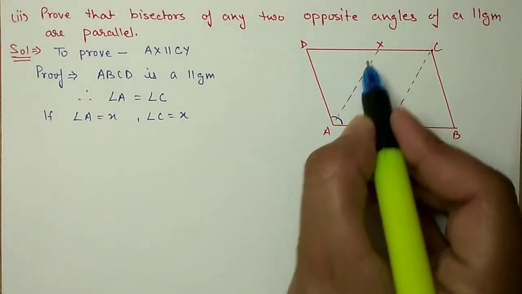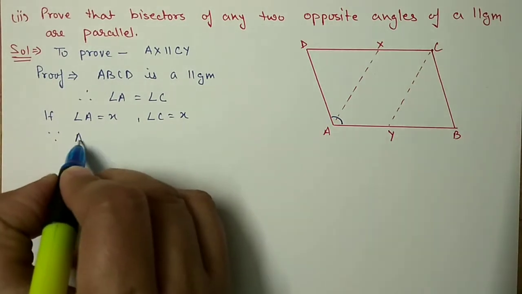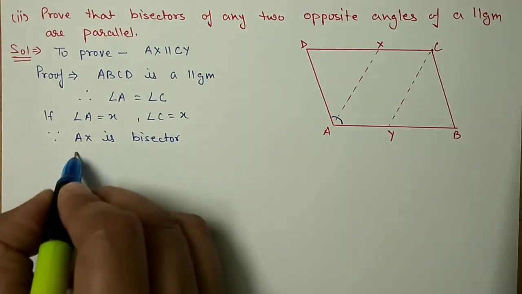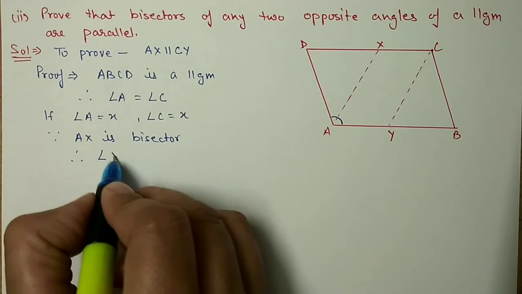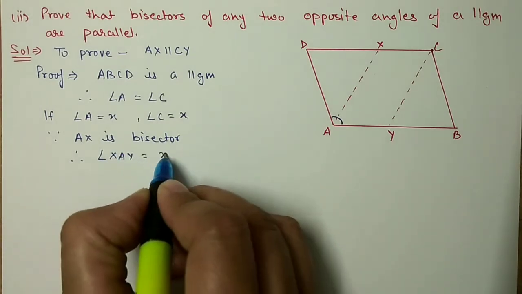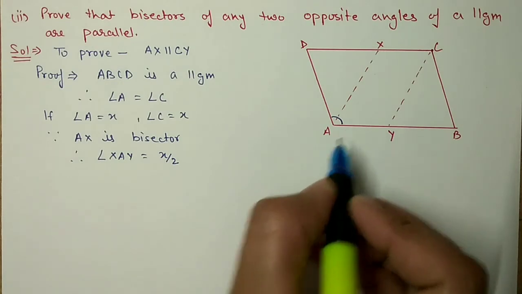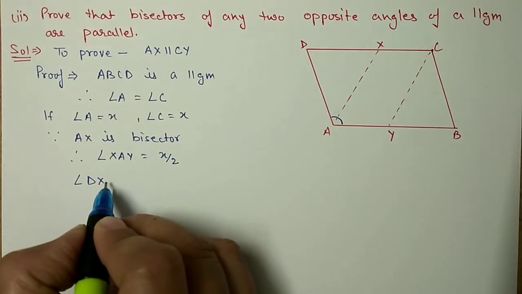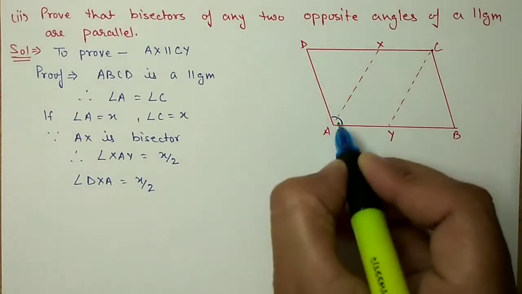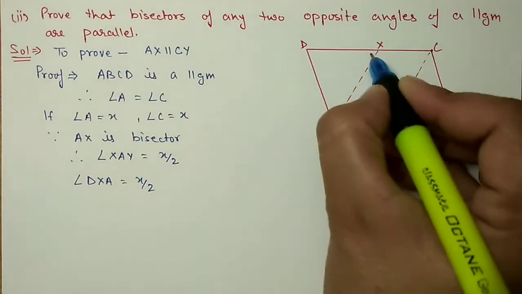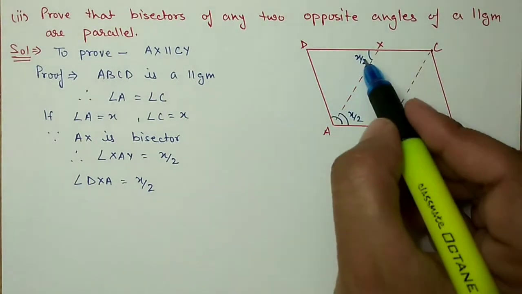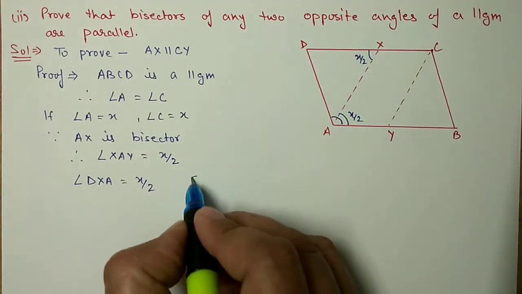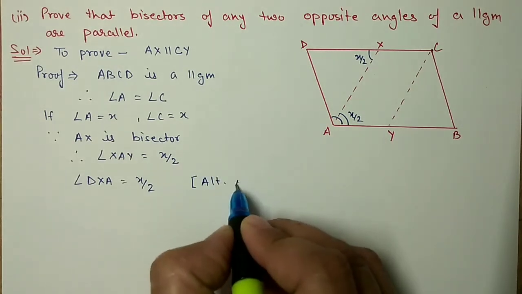And because AX is the bisector, therefore angle XAY will be x by 2, half of this angle, and angle DXA also will be x by 2. If here to here it is x by 2, then this angle also will be x by 2, because these two are alternate angles. These two are parallel lines and this is an alternate angle. So the reason here is alternate angles.